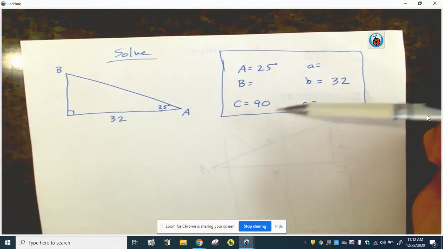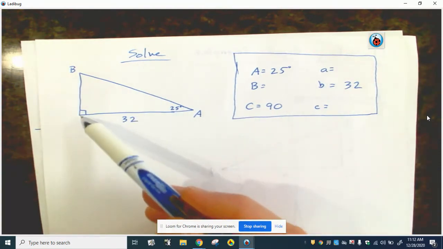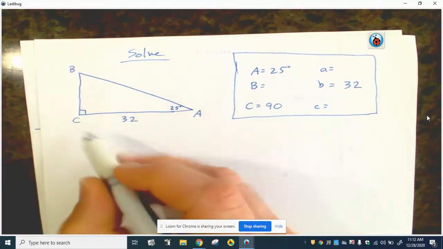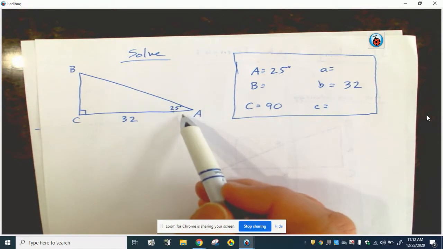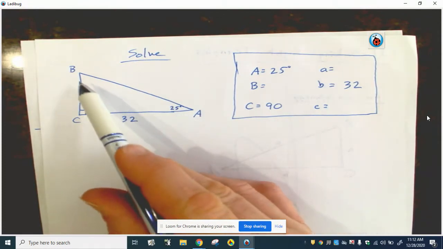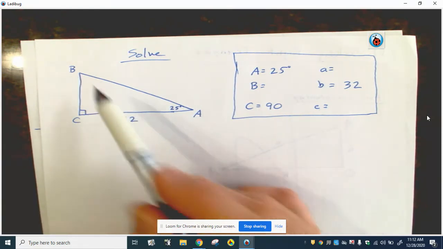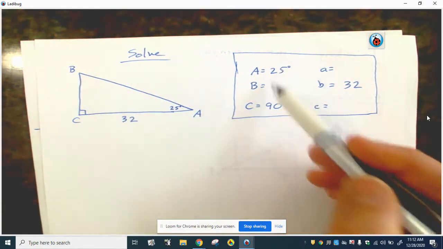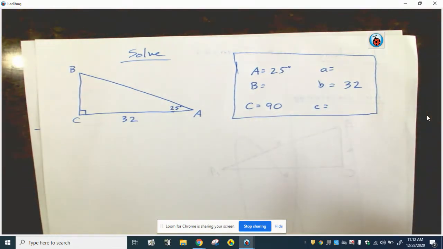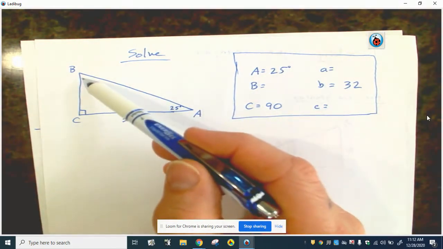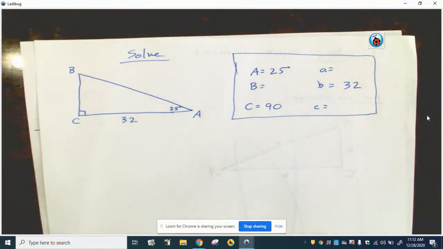Now, in this case, they gave us angle C is a right angle, okay? They gave us angle A is a 25-degree angle, and they gave us side B. Okay, I know that's side B because it's opposite of angle B. Okay, so the first thing I do is I put the given information in there. Now, we can find this first angle really easily because all your angles have to add up to 180 degrees, right?